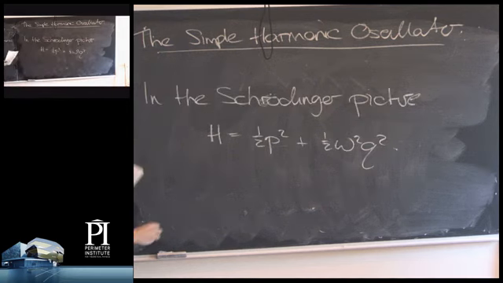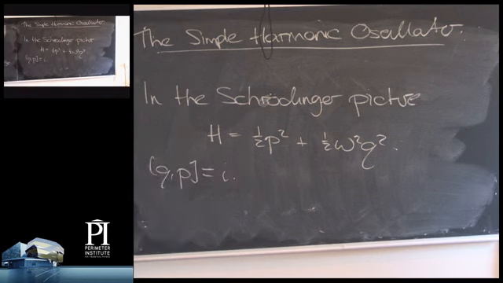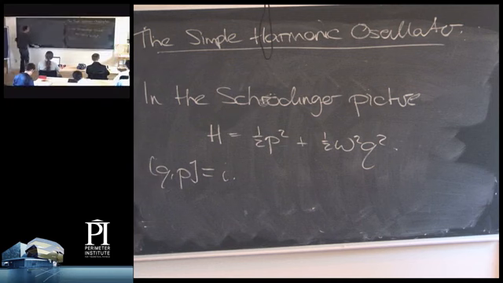this is the harmonic oscillator Hamiltonian, and Q and P are operators now which have familiar commutation relations.